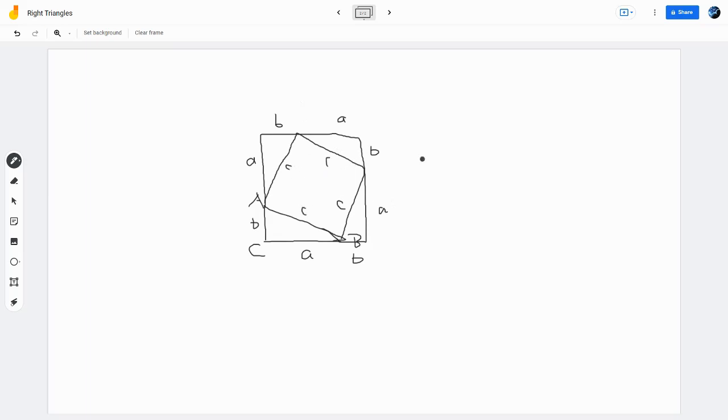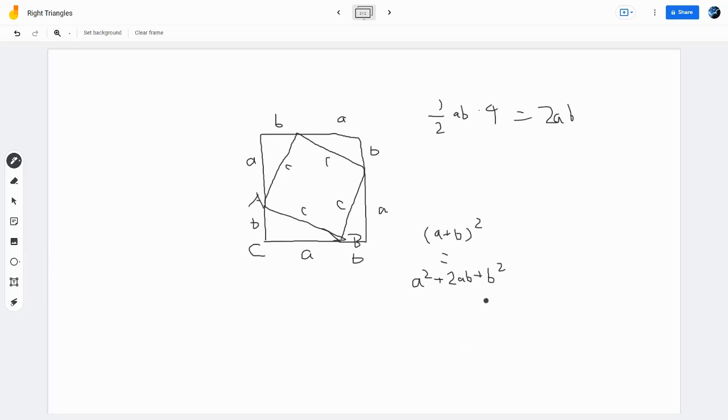Now we can see we have our big square, and the area of that is A plus B squared, which is equal to A squared plus 2AB plus B squared. If we subtract these triangles, whose area is 1/2 times AB, and there are 4 of them, so we multiply by 4, that's going to equal 2AB.